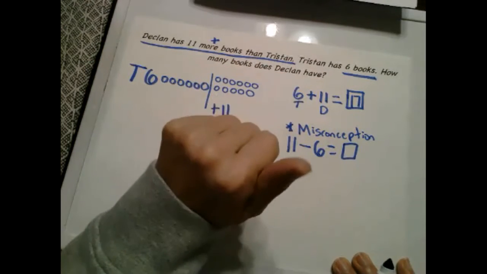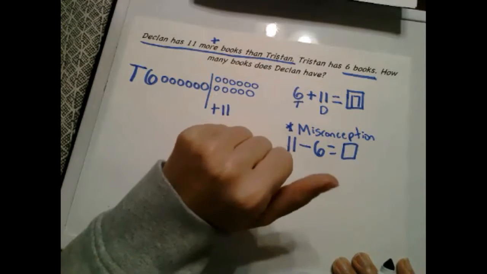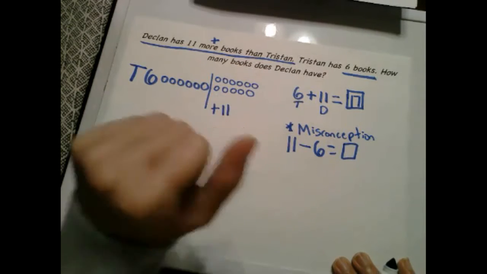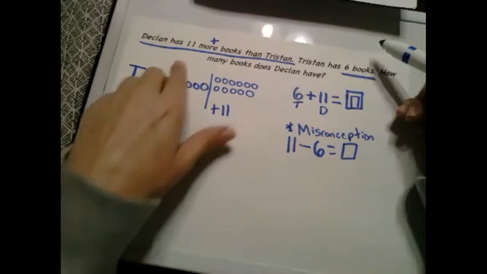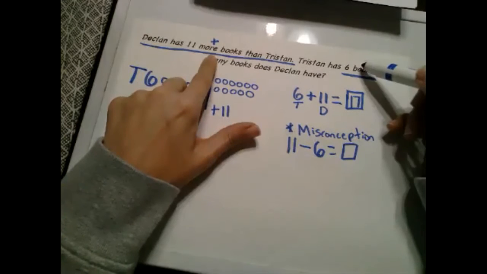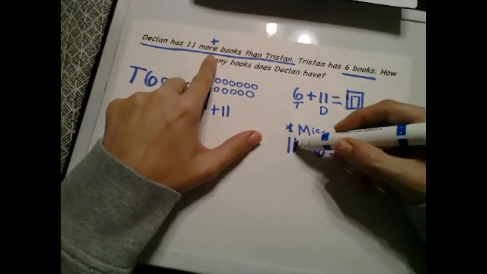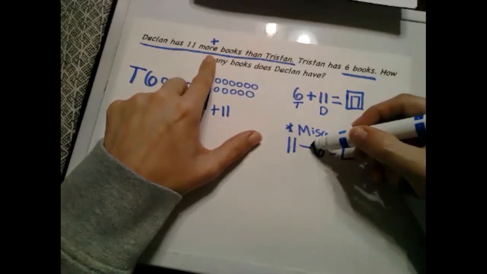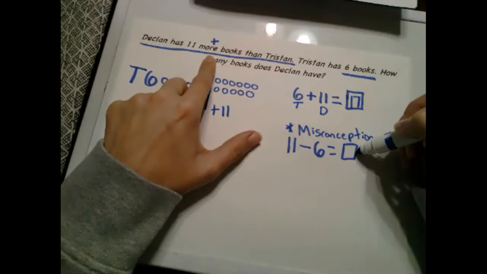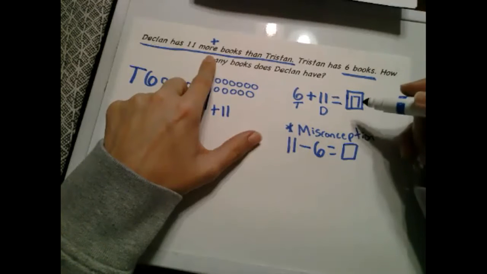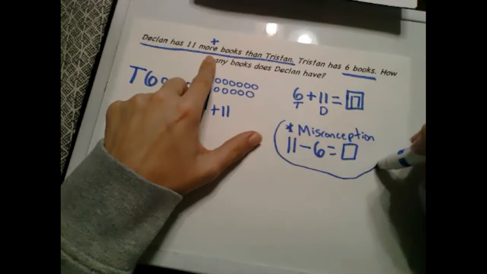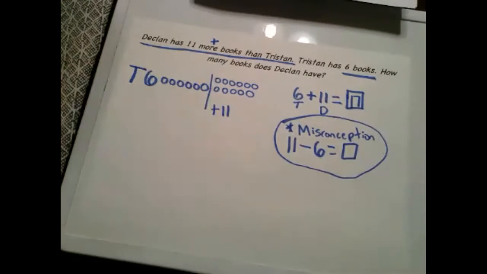How many more does Declan have than Tristan? No. It said that he had 11 more than Tristan. So if I have 11 more, subtracting would not give me 11 more. It would give me less. So this would be a misconception.